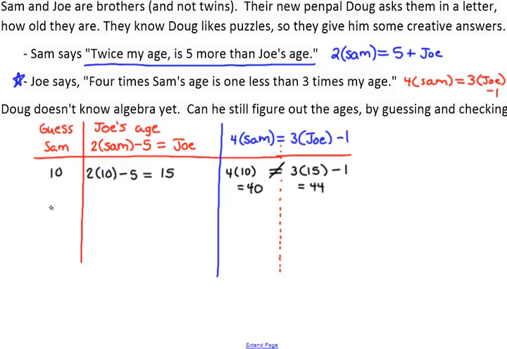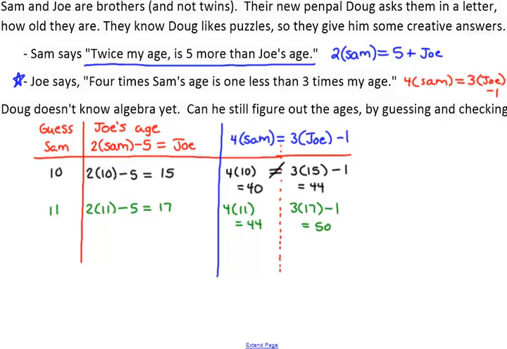Let's try 11. This time I take 2 times 11 minus 5, and I get 17. That gives me Joe's age. To figure out whether it holds true, I take 4 times 11, and 3 times 17 minus 1. This is equal to 44, and this is equal to 50.